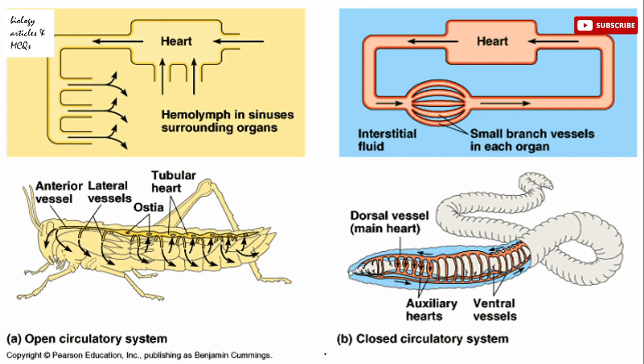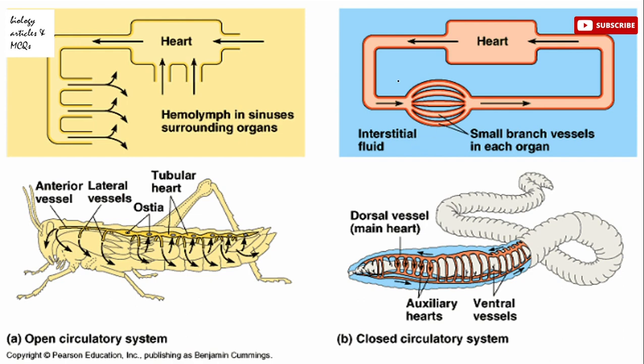Because of the presence of arteries, veins and capillaries in the closed circulatory system, the blood remains in the blood vessels and does not come in direct contact with the other body cells. So it is called the closed circulatory system.